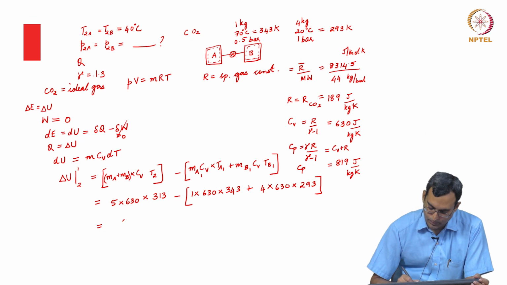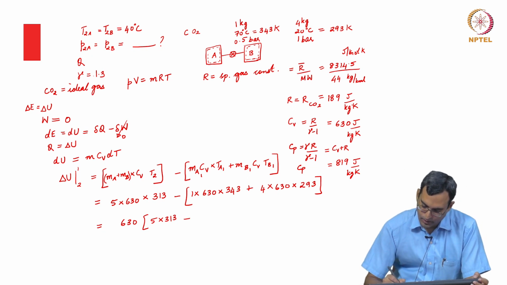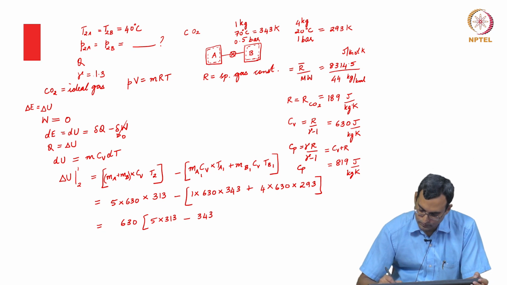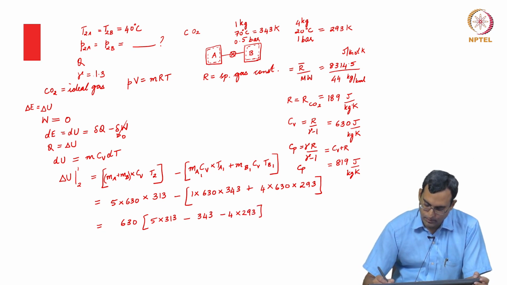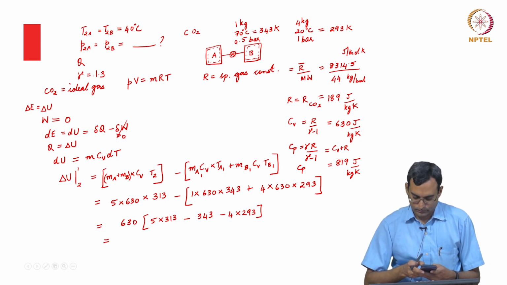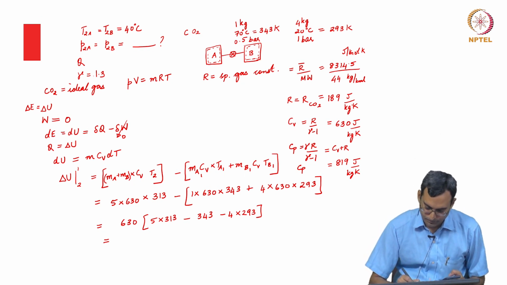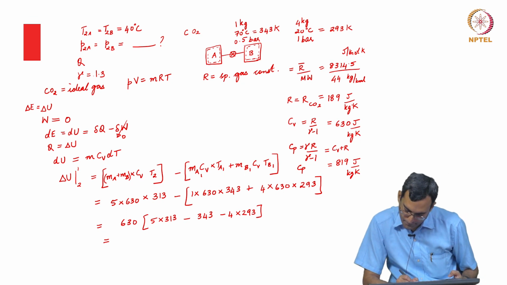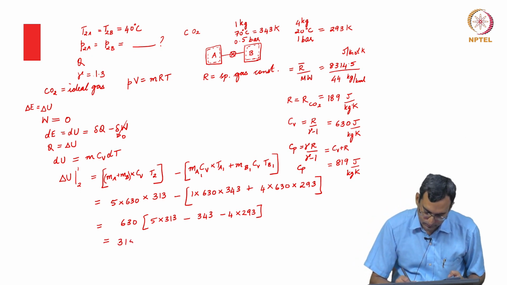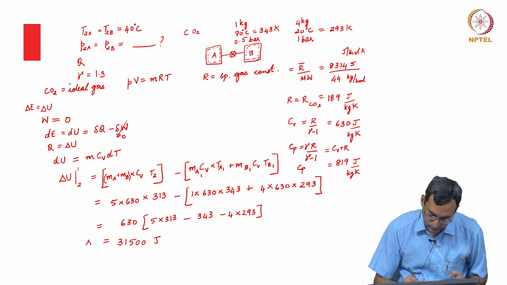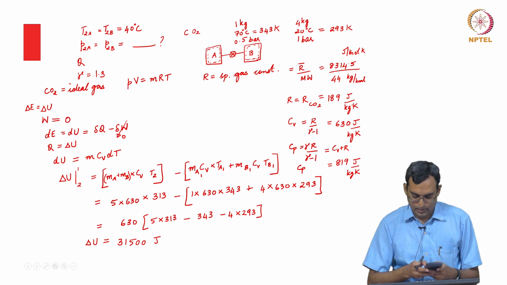I can take out 630 common. So, I get this value, if I have done this correct. Let me just cross check.